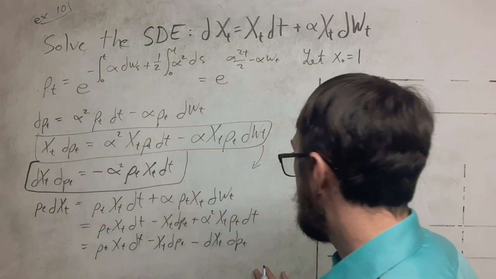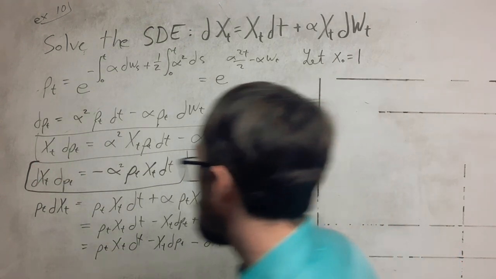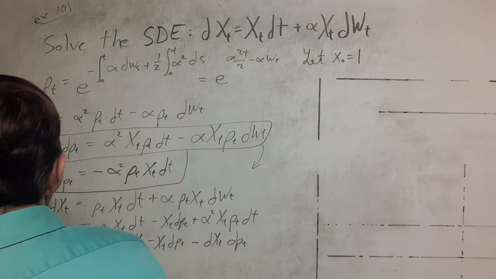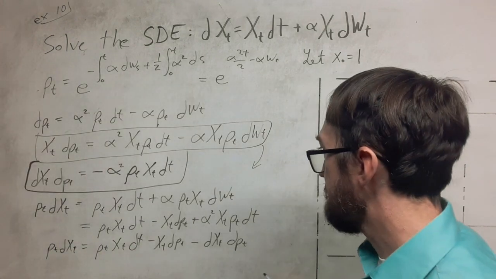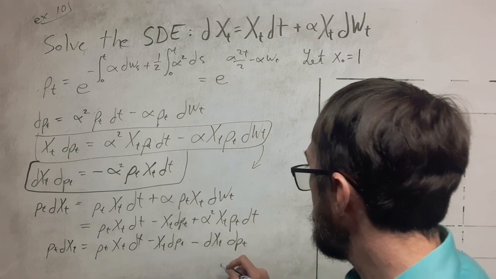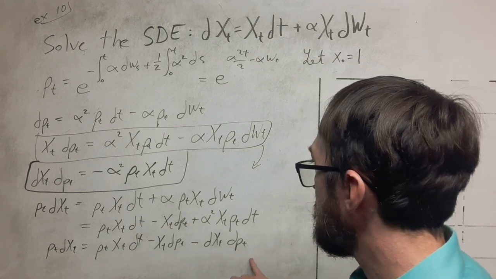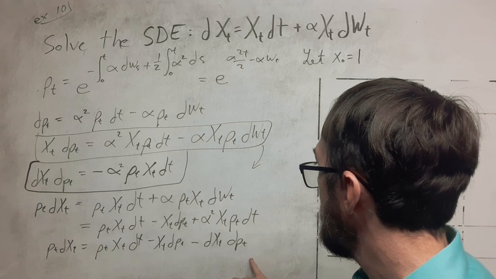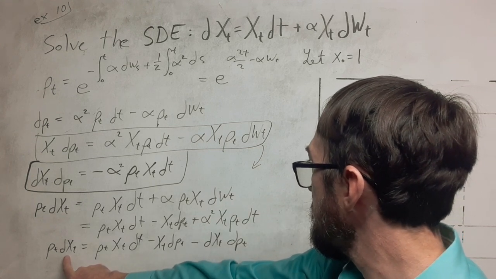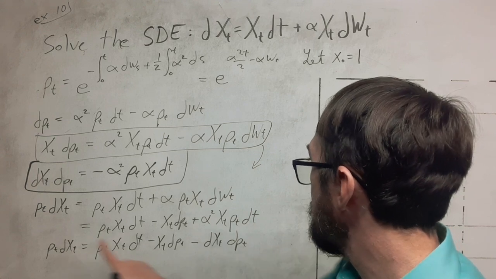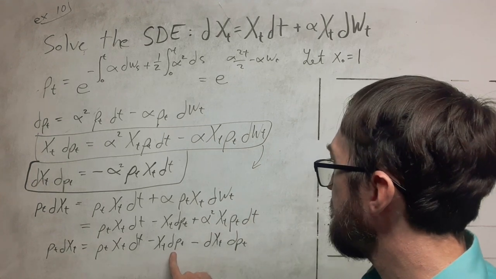All right, and then we're probably going to need to switch some things on sides here. We definitely want to have this term here, and we need this term here, and we need this term here.